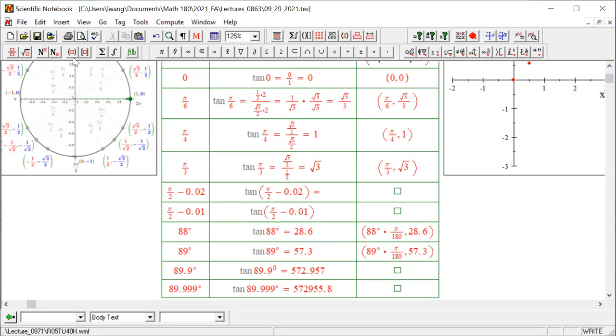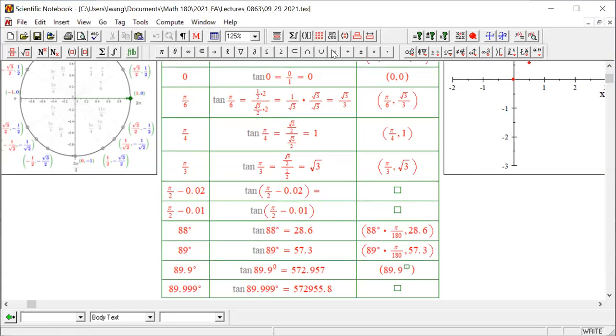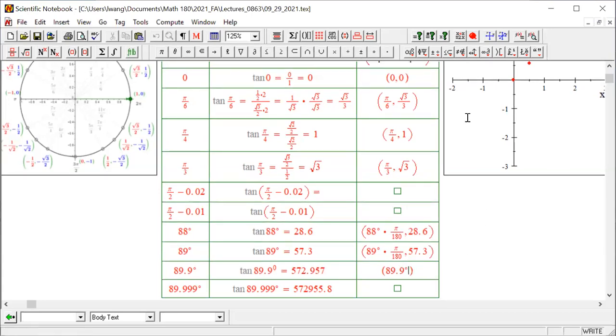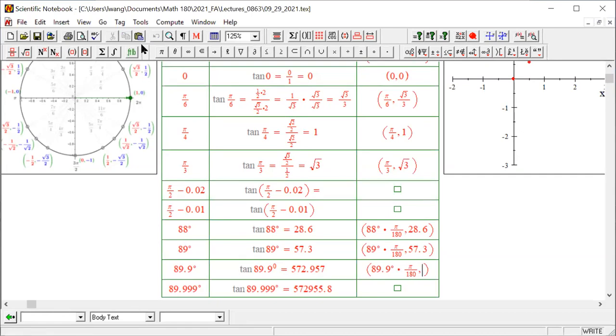The next one, 89.9 degrees. Yeah, you guys like degrees, huh? No problem. I can understand that. Multiply pi over 180, comma, this time 572.